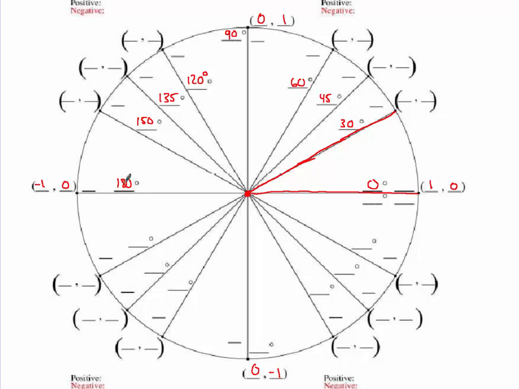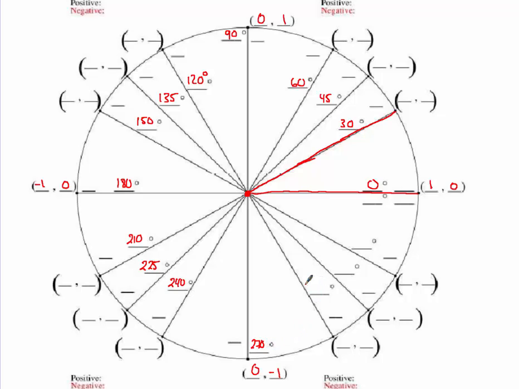So we're just going to keep going. 180 plus 30 is 210. 180 plus 45 is 225. And then 180 plus 60 is 240. All the way to 180 plus 90, which is 270. We're going to go one more time.